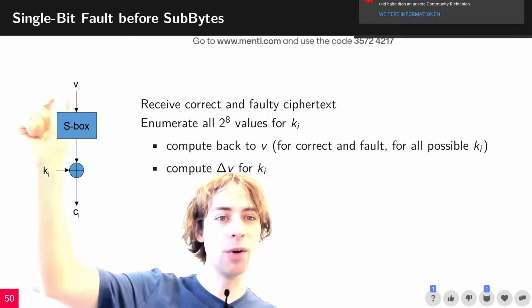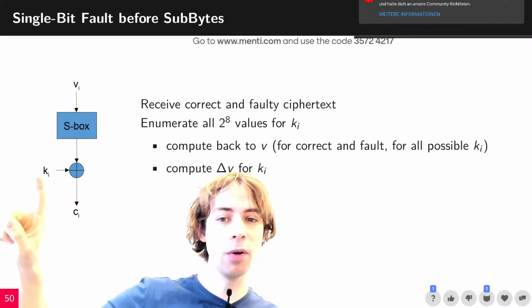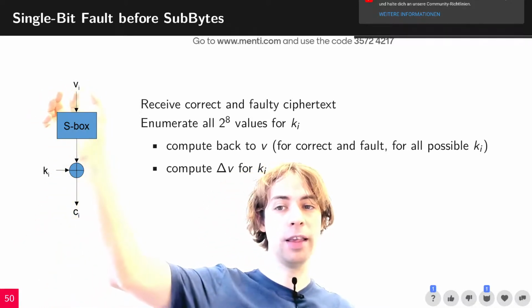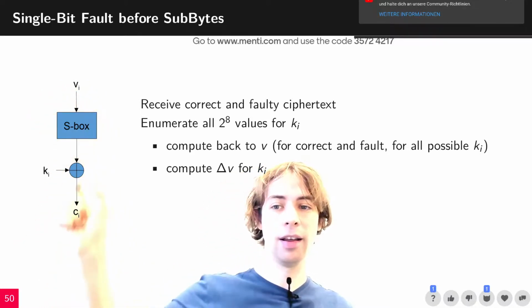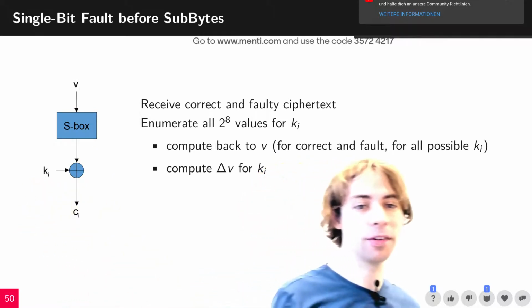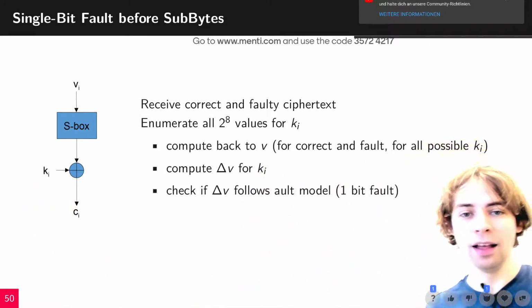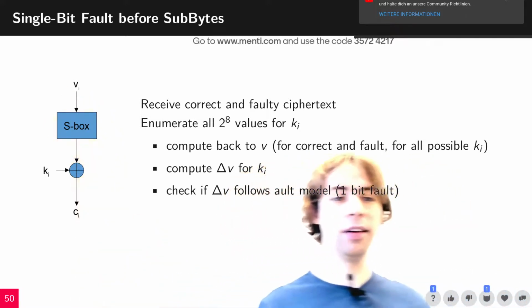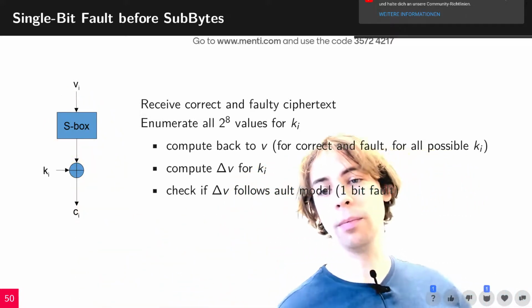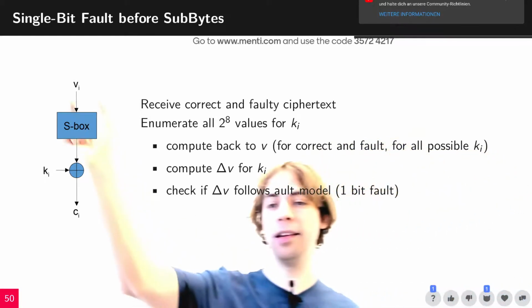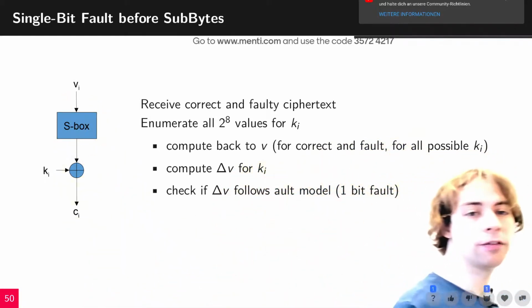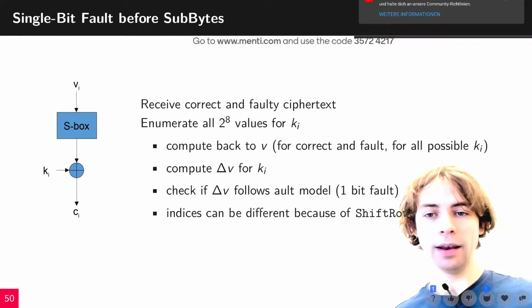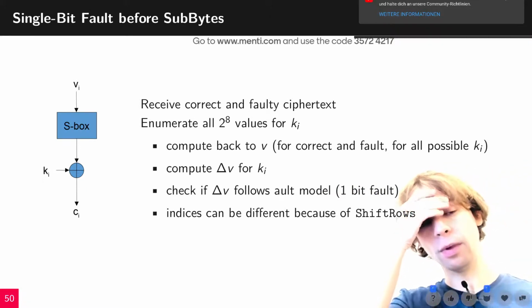But we know where we have to end up here, so we know the delta. So we see here the delta that we get based on our key assumption. And then we can check whether we see a 1-bit change here, or whether the change here corresponds to our 1-bit fault. And if that's the case, then we can recover the key.